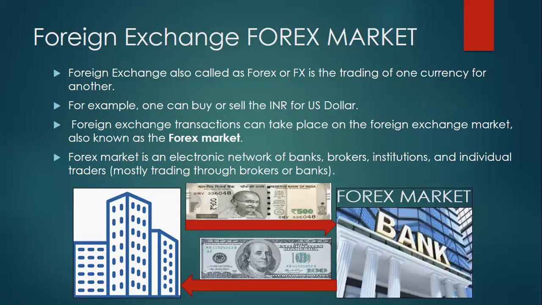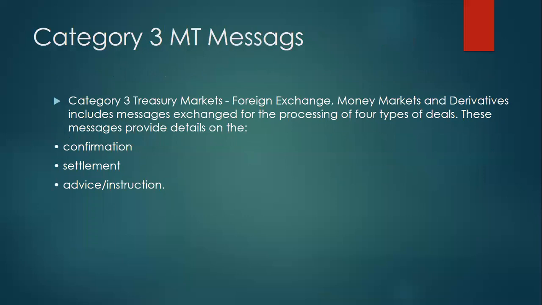Now, what are the SWIFT MT category messages which are used for this foreign exchange buy and sell and other Forex-related messages? MT3 categories are used for the treasury market, including your foreign exchange buy and sell. Foreign exchange, money markets, and derivatives include messages exchanged for processing of four types of deals.